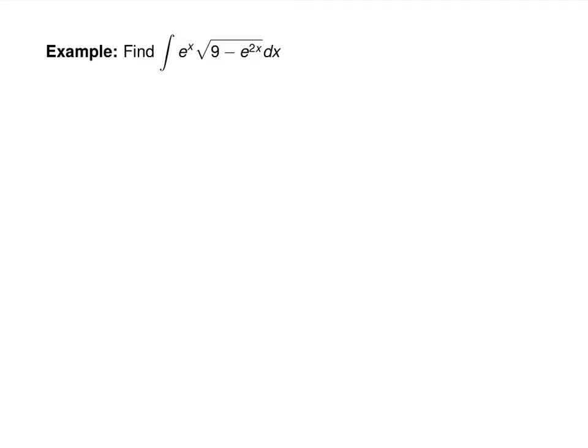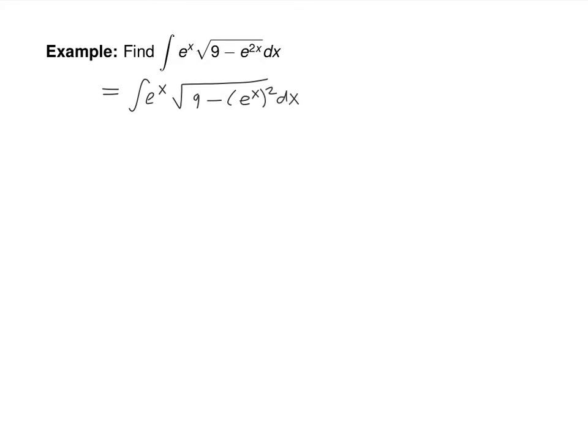All right, so in this next example, let's deal with one that's not just a simple x, but something sort of else. So here we have e to the 2x, and the thing that you have to observe is that e to the 2x is actually e to the x squared. So we have the integral of e to the x root 9 minus e to the x squared dx.